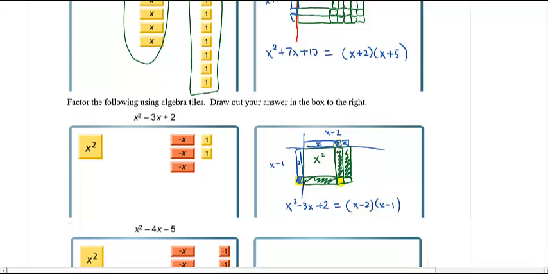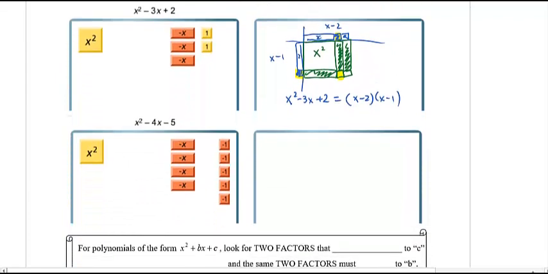All right. Last one. Try, try, and try. Same thing as the first part. This time I have negative 4x.